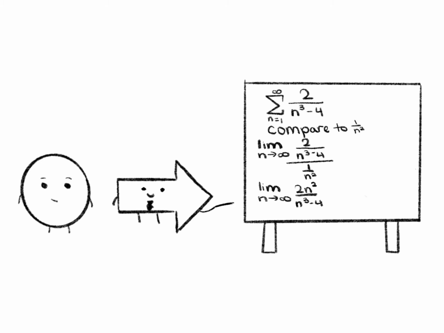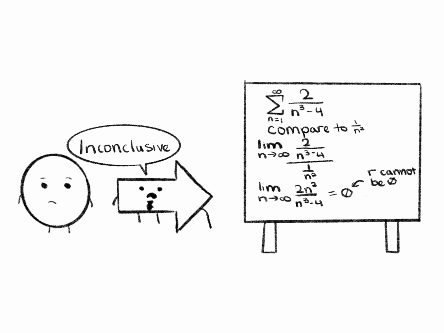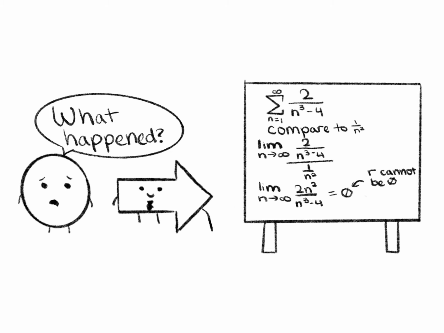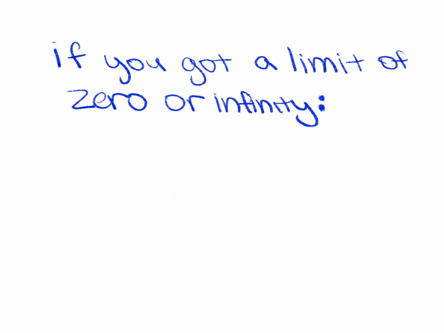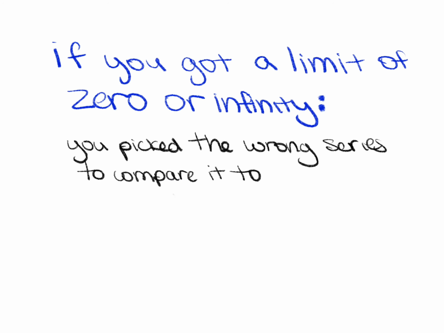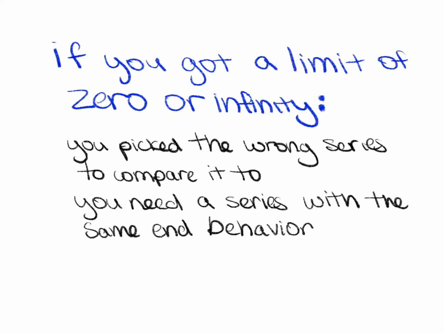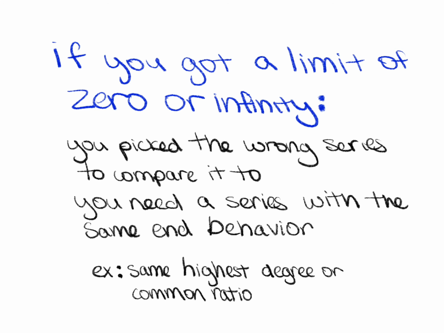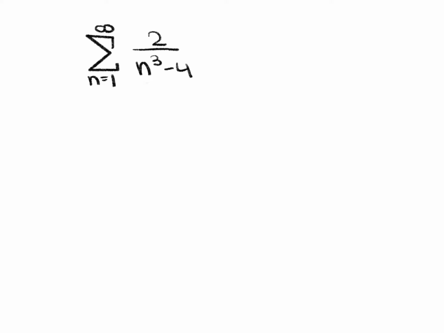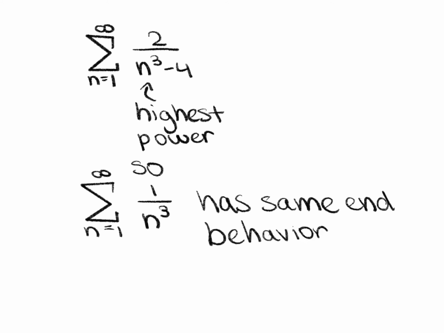This customer series leads to an inconclusive result, aka when r equals 0, when comparing to 1 over n squared. This is because the limit comparison test only works when you choose a comparison series that has the same n behavior, like choosing the same highest degree or a common ratio. Let's compare the customer series to the converging p-series 1 over n to the third, since it has the same n behavior.